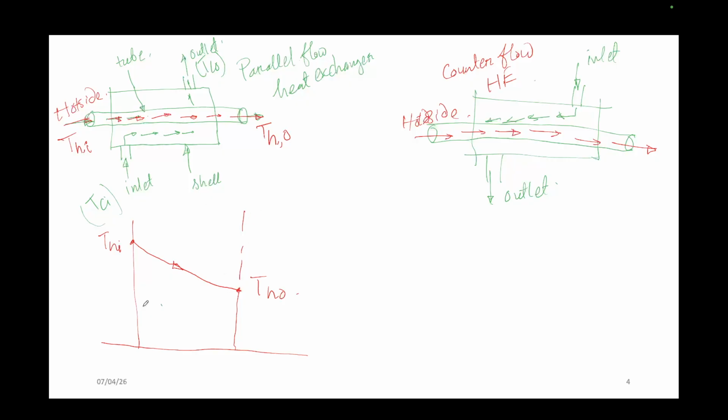If TCI starts from here, definitely TCI should be less than TH1. So if this is your TH1, TC1, and this is your TC outlet, TC outlet should be more than TCI. So it should be somewhat like this.